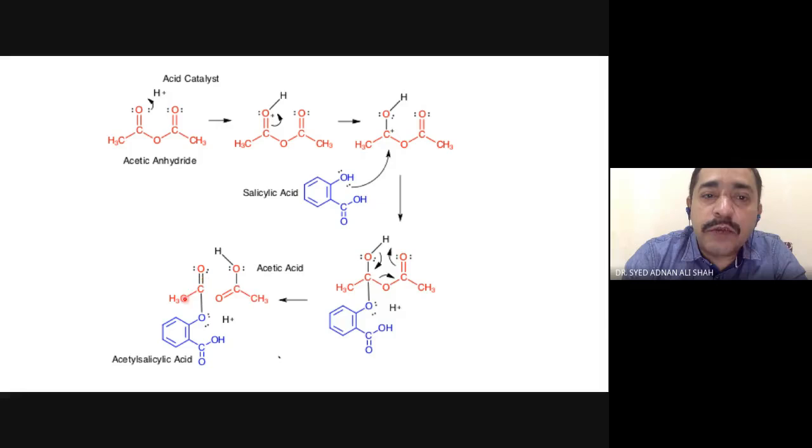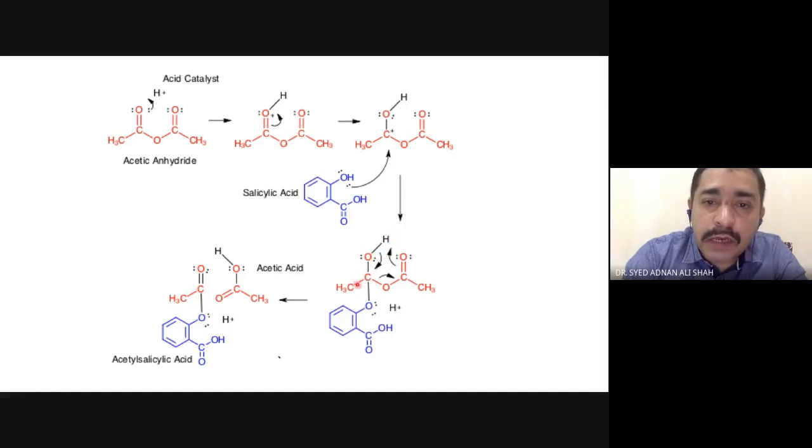So later you will see that this reaction is a nucleophilic substitution reaction. First the nucleophile will add, right, and then what will happen? This is the intermediate. The electrons between the carbon and the oxygen will shift here, and then the electrons between the oxygen and hydrogen will shift here.